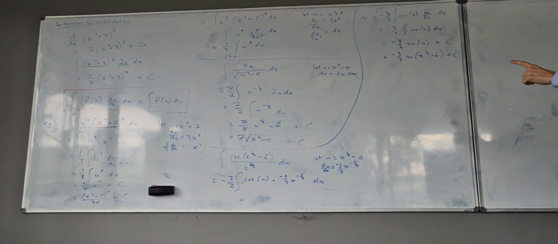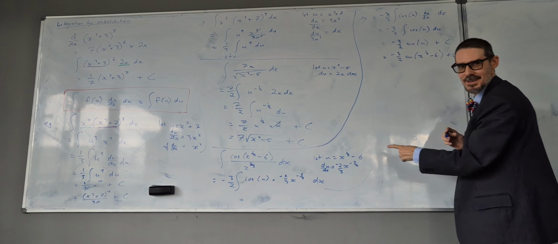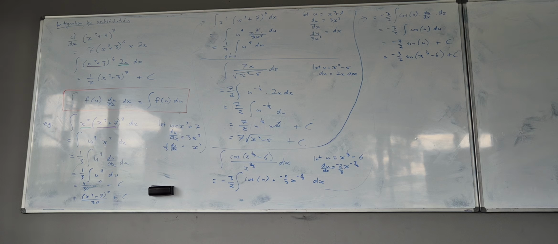So this is a shorthand for this. Take your time and think about it and consolidate. It's a very important technique. You okay with that, Ben? Yeah. You okay with it, Rain? Yeah.